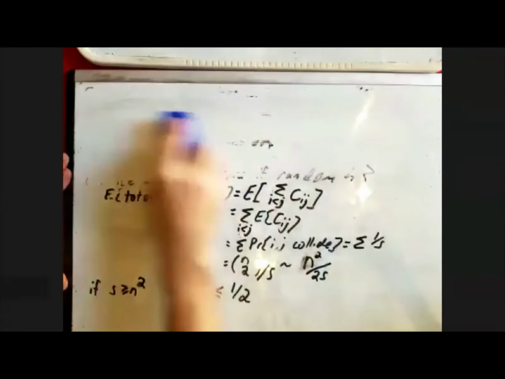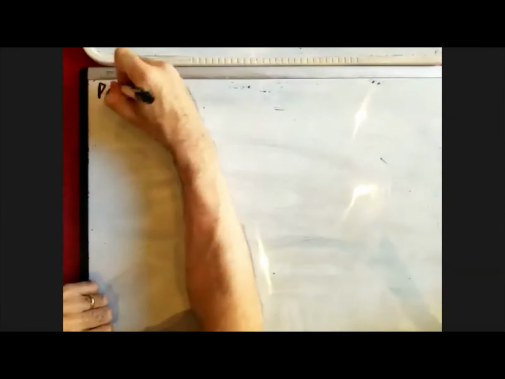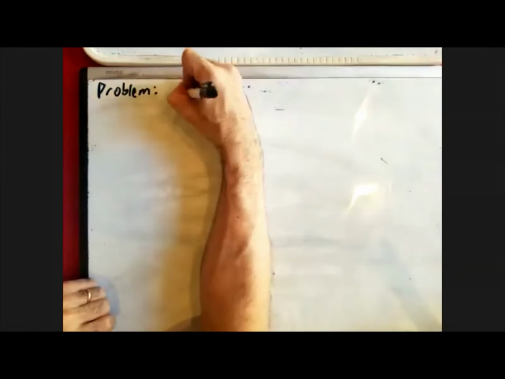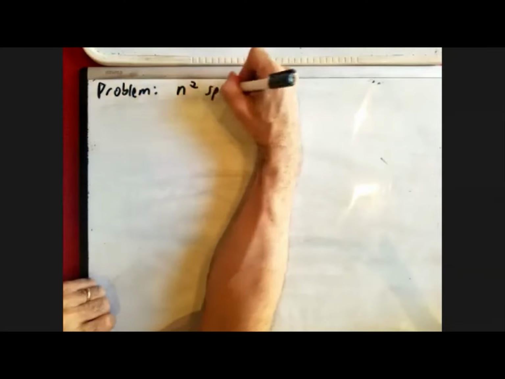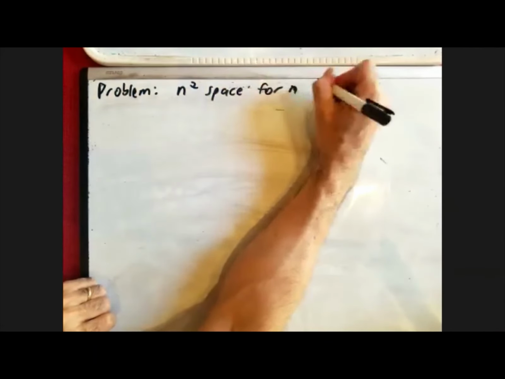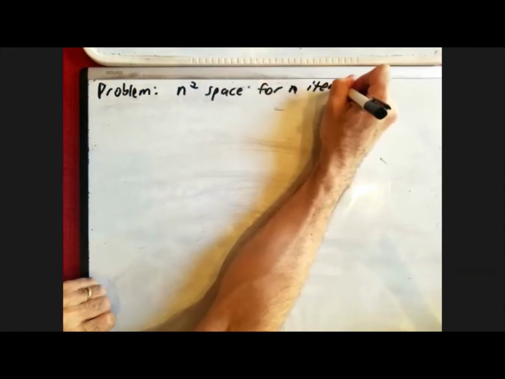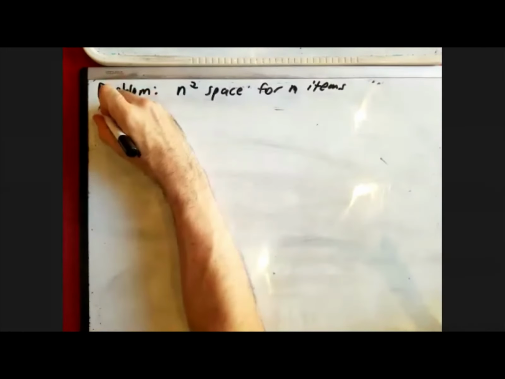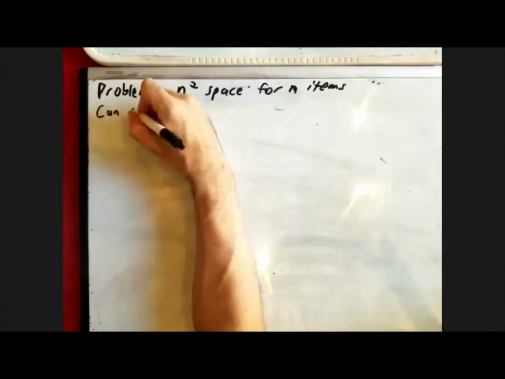Okay, so now we have both Monte Carlo and Las Vegas algorithms for generating a perfect hash function. But it's still not really perfect in the Platonic sense because we are using n squared space for n items, which just doesn't seem efficient. So can we use less space?